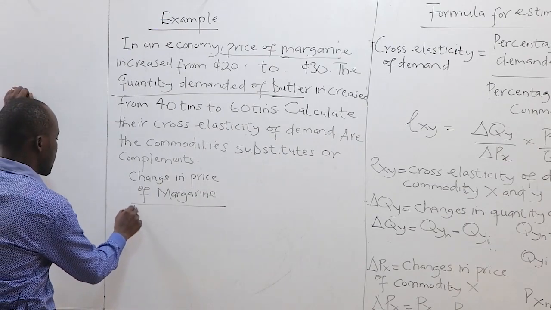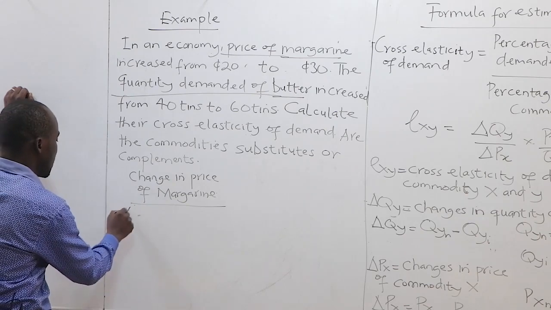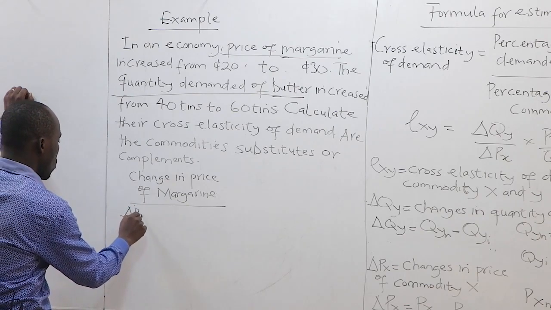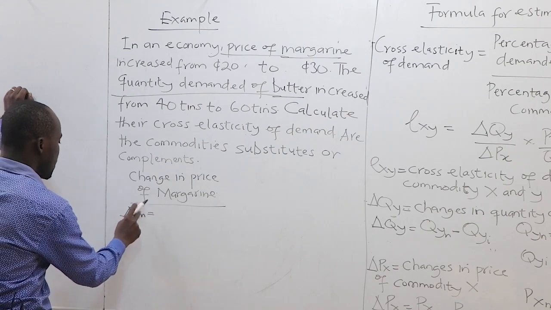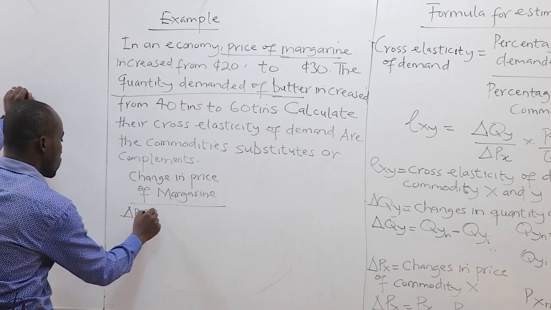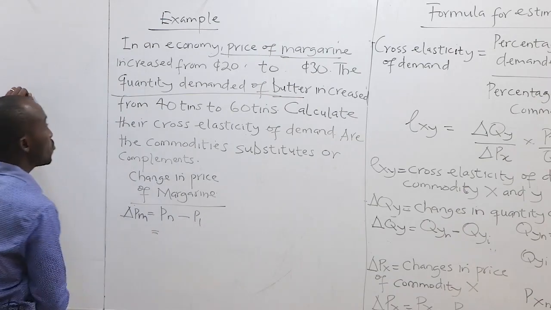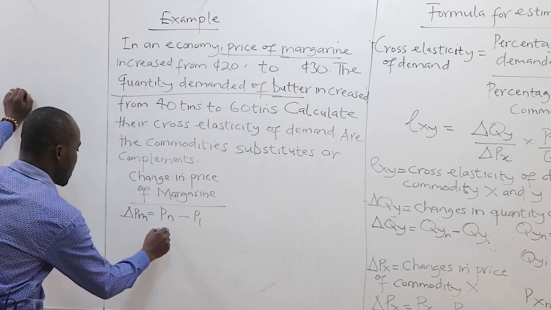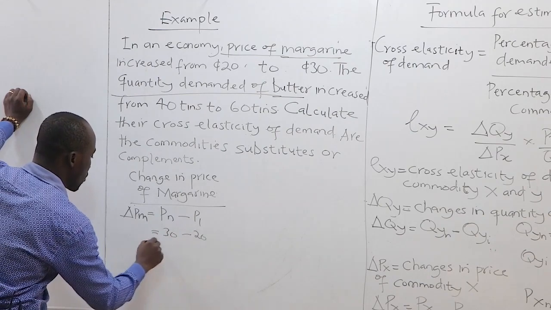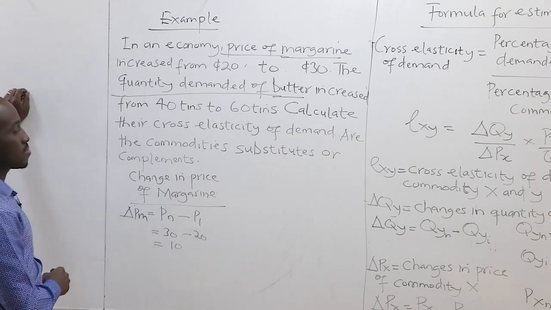The change in price of margarine is equal to the new price minus the old price. What is the new price? 30. The old price is what? 20. What do we have? 10. Very simple.